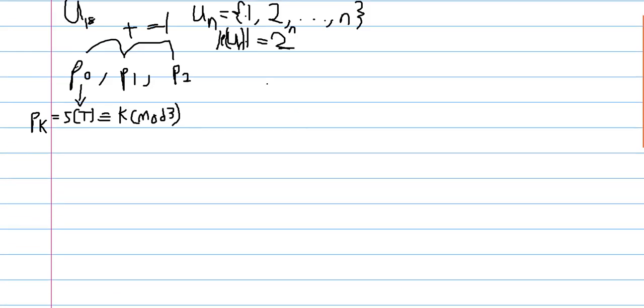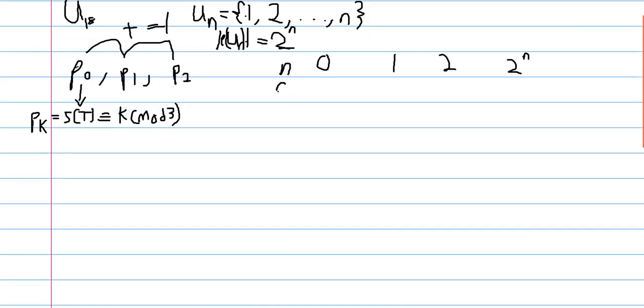So let's consider making a table where we have n, labeled 0, 1, 2, and then 2 to the n for reference.